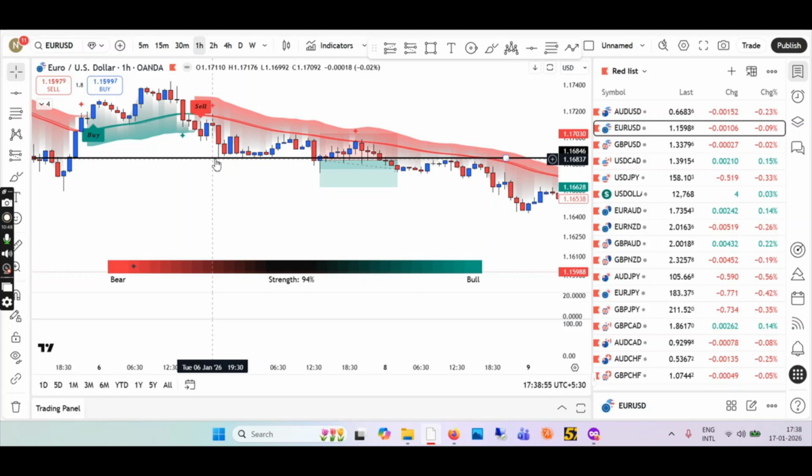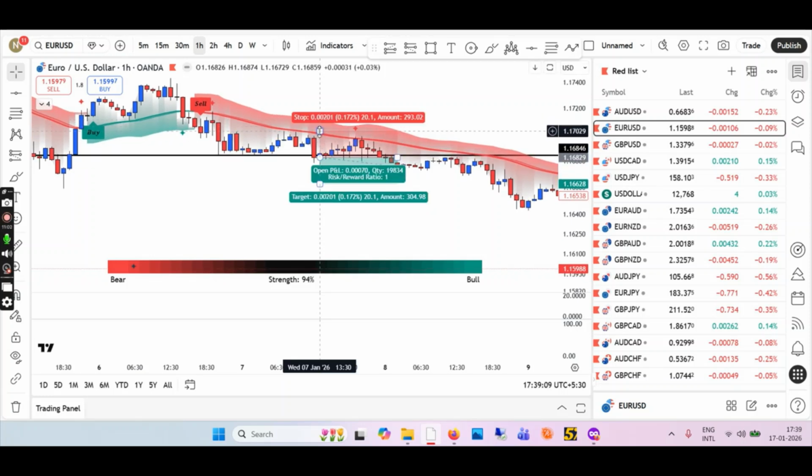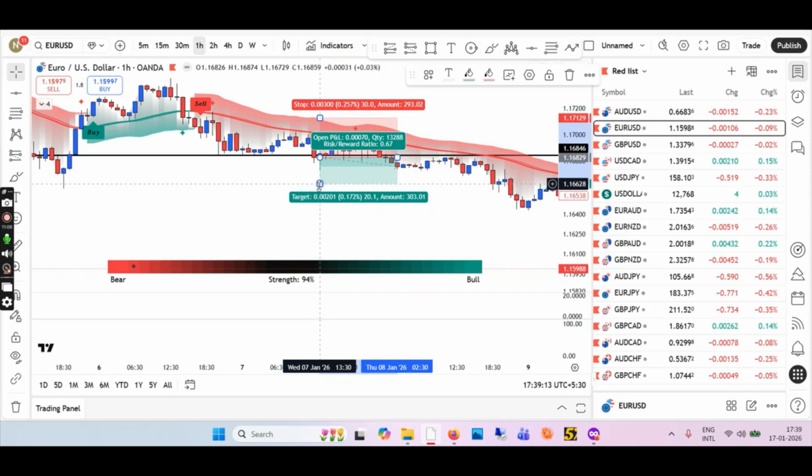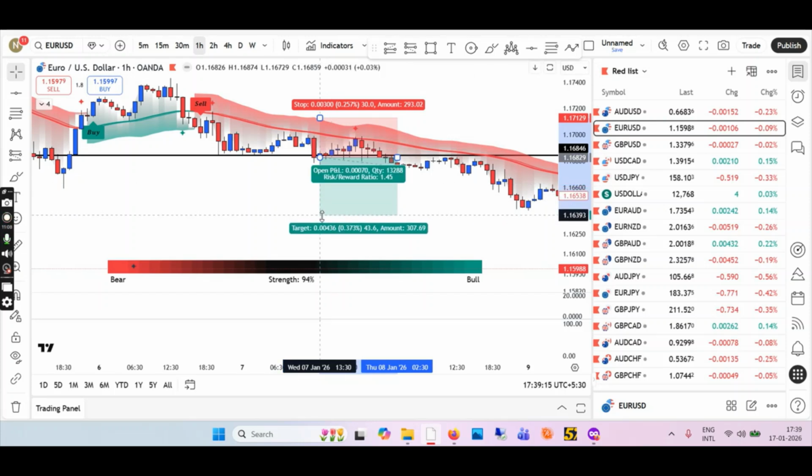It has to break. That's our short entry, and then our stop loss will be right above the cloud. Then you can do 1 to 2.